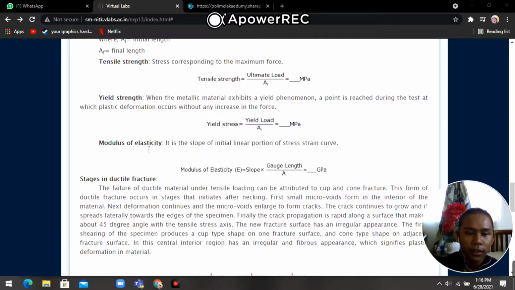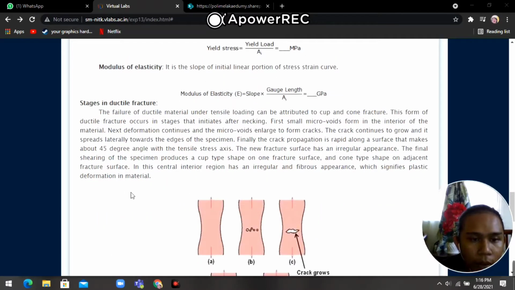Modulus of elasticity is the slope of the initial linear portion of the stress-strain curve. Modulus of elasticity E equals slope multiplied by gauge length divided by Ai, in GPa.